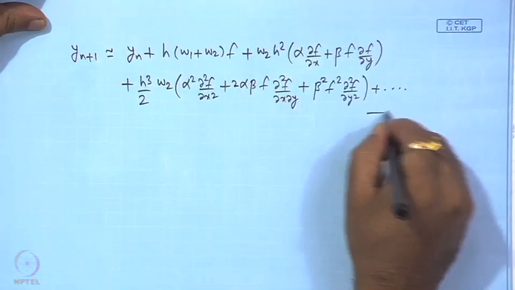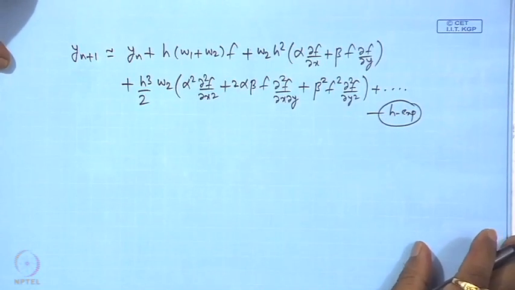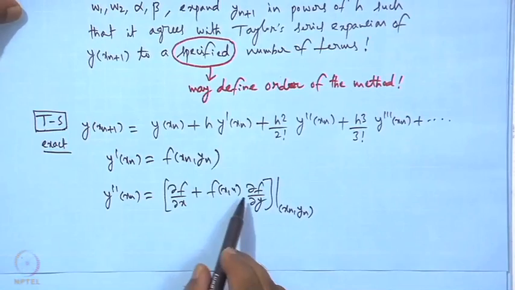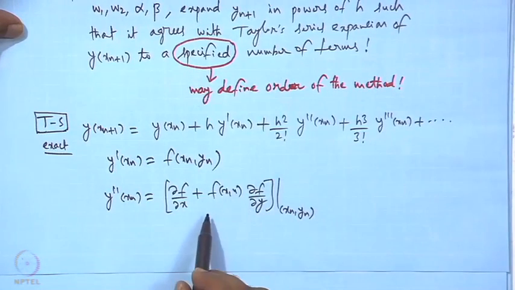So, this is our h expansion, and what was our t expansion? So, this is Taylor series expansion. Okay. This is our Taylor series with these two terms.